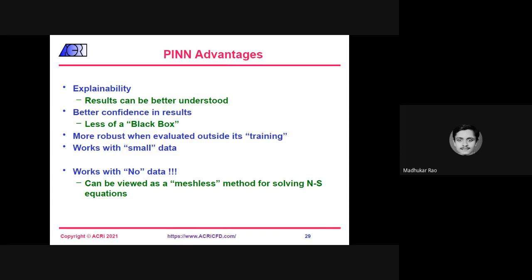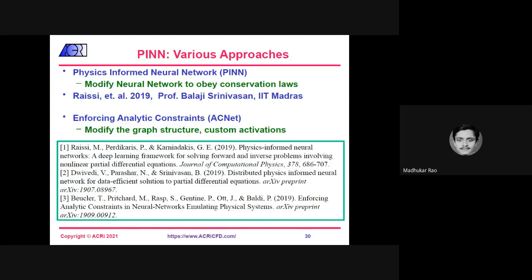So in which case, at the very least, you will get a warning that your results could be off, right? So it works with small data. It can work with no data, as proved by Lagaris's paper. So in which case, it can be viewed as a meshless collocation method in the strong form for solving the Navier-Stokes equations.